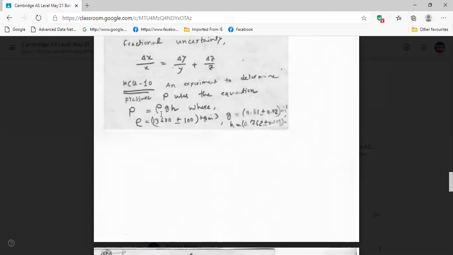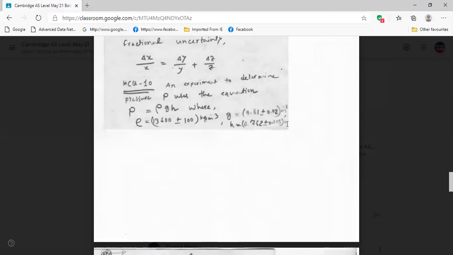Rho is density: 13,600 plus minus 100 kg per meter cube. G is gravitational field strength or acceleration of free fall: 9.81 plus minus 0.02 meter per second square. And h is the height: 0.762 plus minus 0.005 meter.